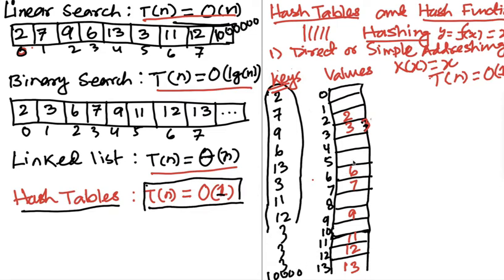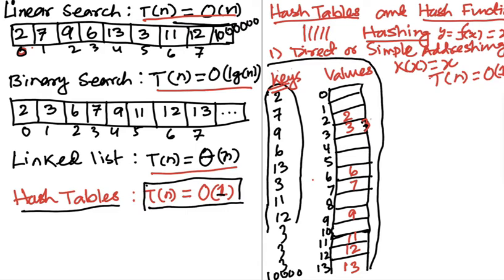Actually, hash tables are more efficient and more useful. A hash table is the combination of keys and values, so we call this a hash table. In order to do that, we need to think about other hash addressing processes.